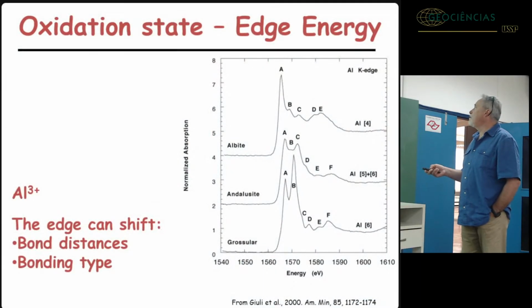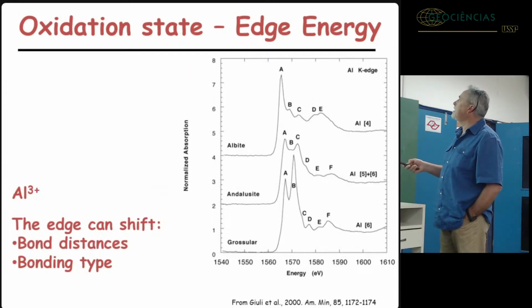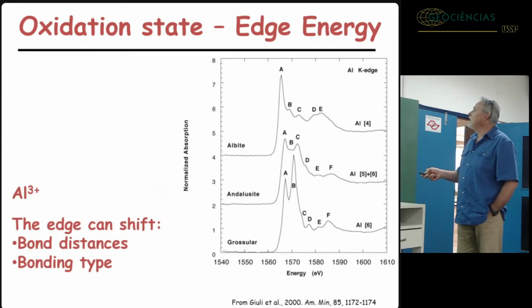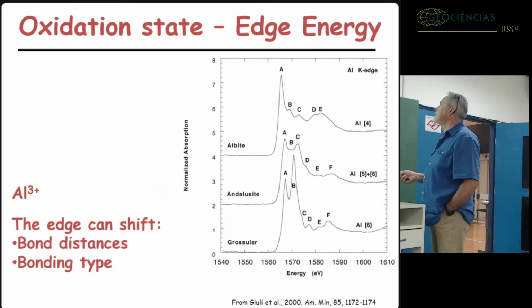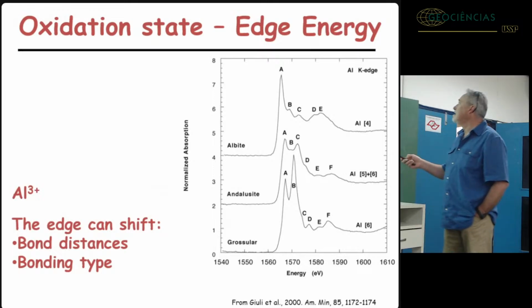And one of the motives is shown here: the absorption spectra of aluminum. And we can see that there is a certain shift of up to 2 electron volts. So it may look small, but it's still sensible.